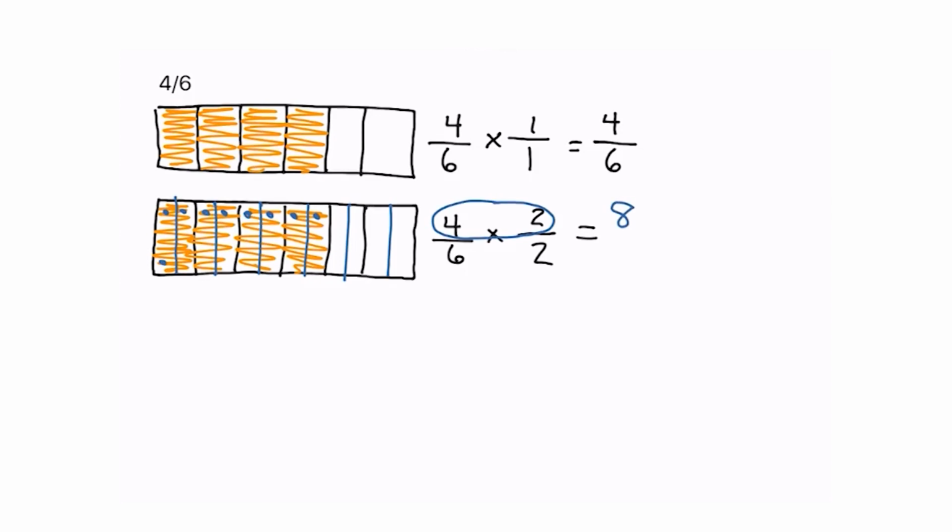And then if I counted all the pieces for the denominator, 1, 2, 3, 4, 5, 6, 7, 8, 9, 10, 11, 12. Just like right here, 6 times 2 equals 12. So 4/6 and 8/12 are equivalent fractions.